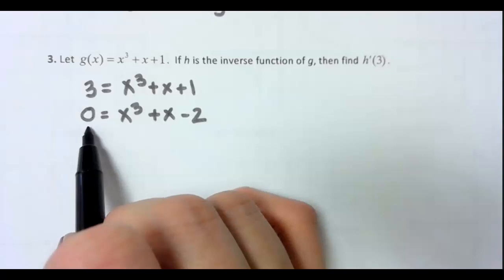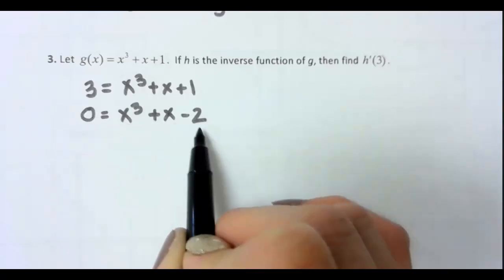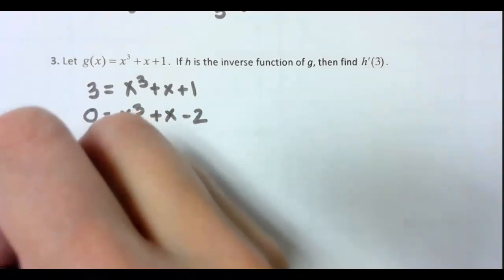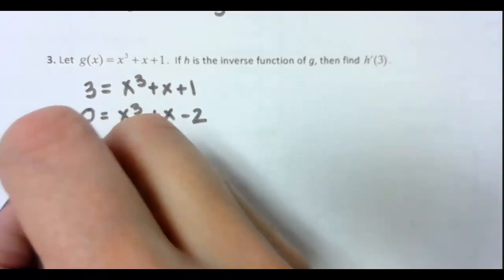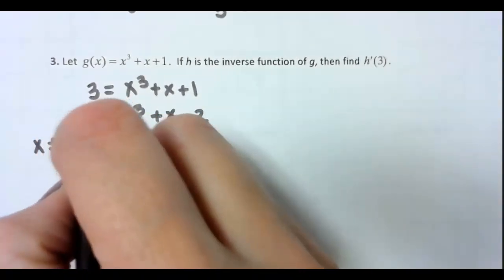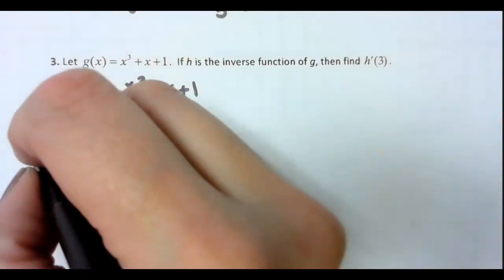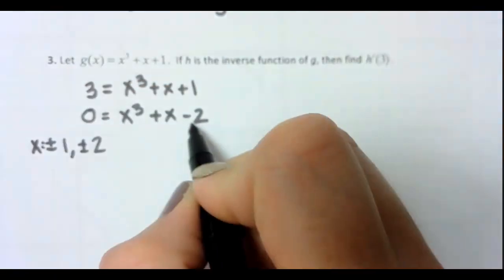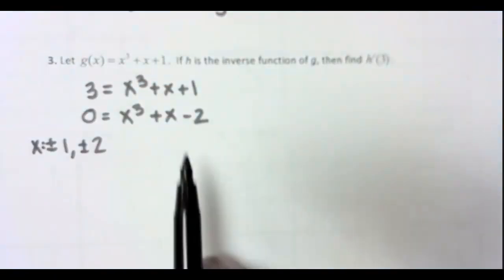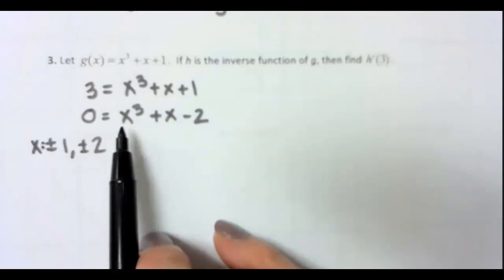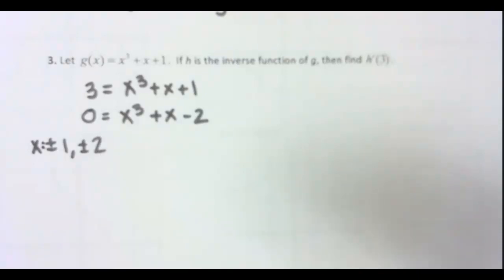So in order to make this 0, I know that the values of x can be plus or minus 1, plus or minus 2. Those are my potential values of x based on the rational root theorem, which says factors of the last and factors of the first being divided by each other.